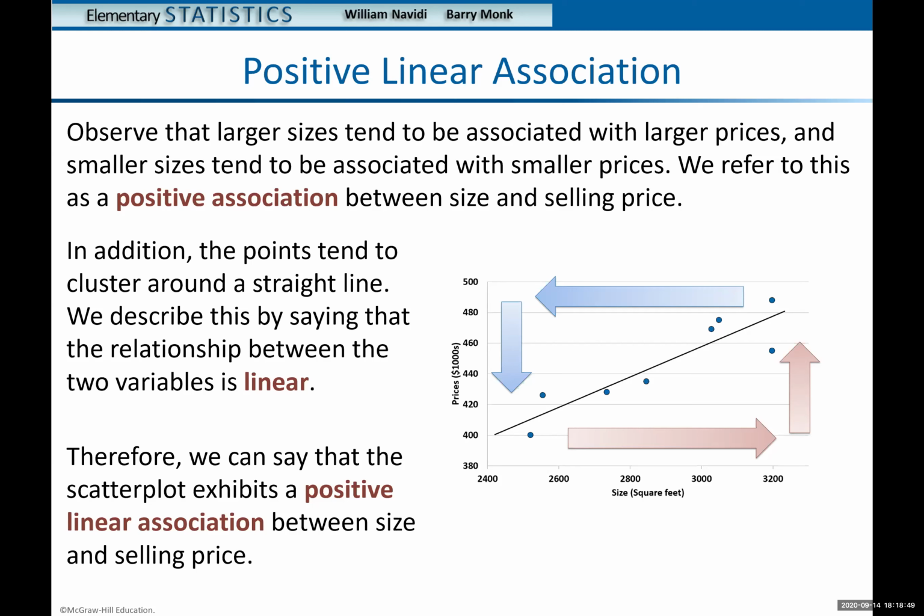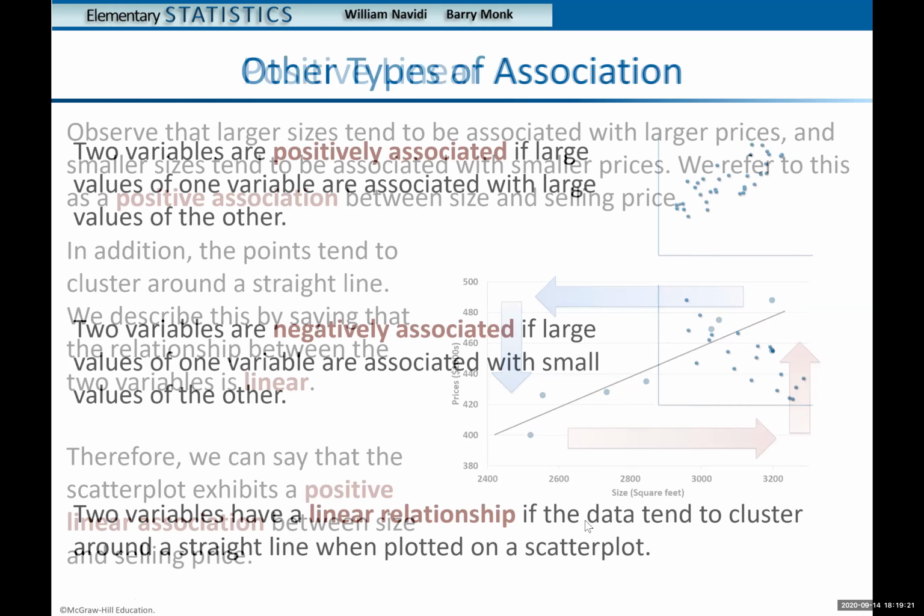In addition, the points tend to cluster around a straight line. So based on these points, if you draw a straight line, it's going up. And in the next section, we're going to get the exact equation of this line. But for now, we can say that this is positive between the size and the selling price.